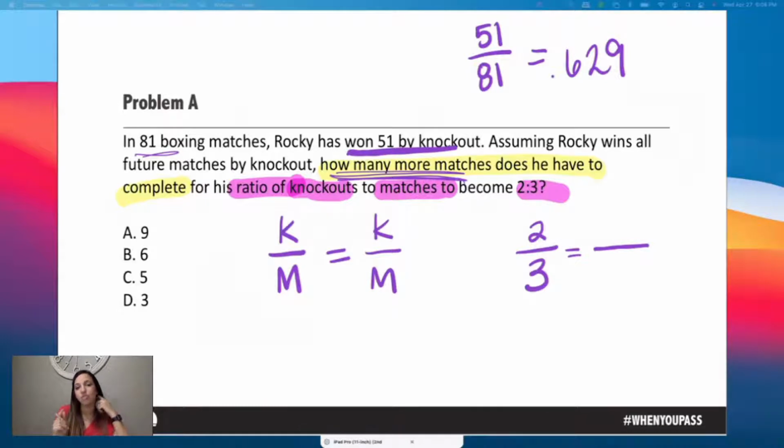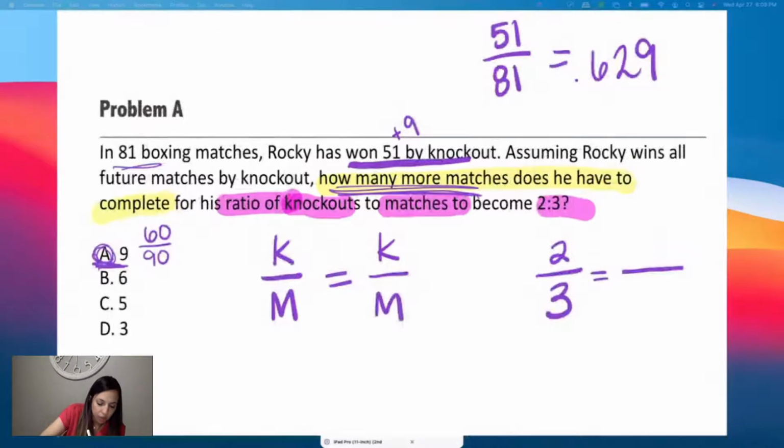So let's use our answer choices to help us. If he completes 9 more by knockout, then he would have a 60-90 ratio. Why is that? Because I'm adding 9 to the 51, but he's also done 9 more total matches, so I'm also adding 9 to the 81, because now he's done a total of 90.